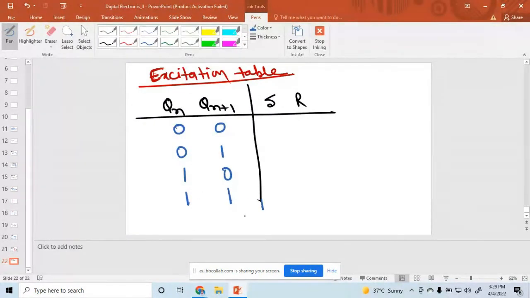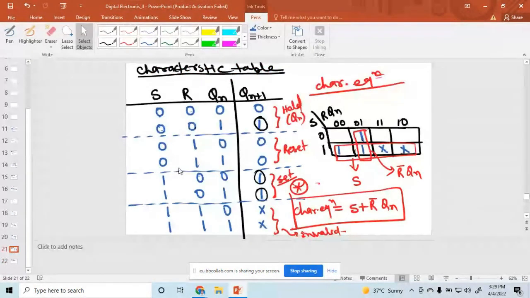So according to that, I'm writing here the output. So when Qn and Qn plus 1 are 0 0, S is 0, R is don't care. Just check it in the characteristic table. S R is 0 0, what is the value? Just see the combination. 0 0 means S is 0 and R may be 0 or 1, that's why don't care.